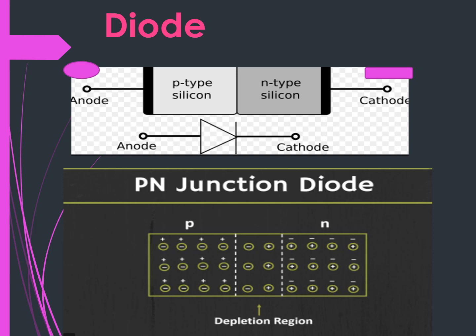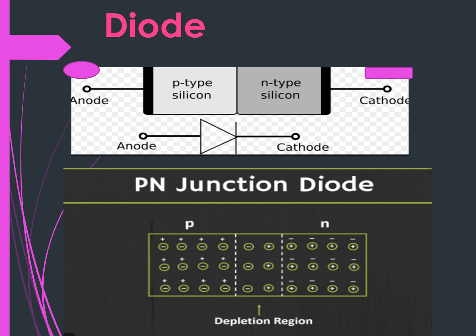This is the theoretical information. If I take a p-type semiconductor and an n-type semiconductor and join them together, the surface of the joining forms a PN junction. In practice, to make a PN junction we use a single crystal and change the dopant.